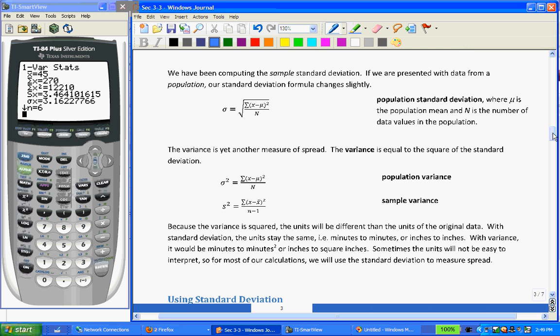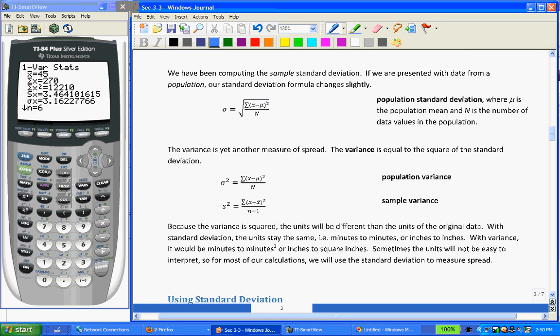Okay, so this kind of came up with a calculator, but it's worth mentioning here. So we've been computing the sample standard deviation. If we're presented with data from a population, our standard deviation formula changes slightly, and that's why we have the two different answers in our calculator. So most of it you'll realize is the same. We have the square root, we have the sum, the x minus mu. Remember, mu is the exact same thing as x bar, it's just for population.